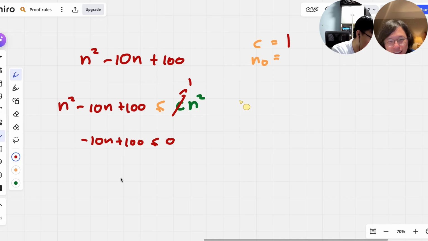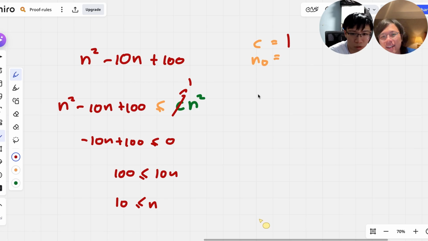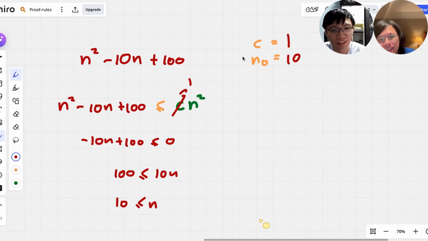Cancel both sides, right? So now 100 is less than or equal to 10n, or in other words, n is greater than or equal to 10. It should work. I think the math checks out.